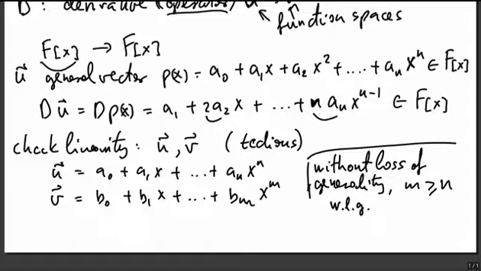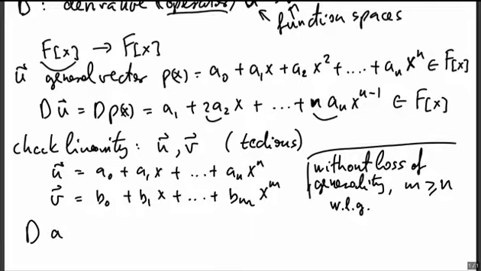And then we're supposed to examine what happens when you differentiate a times u plus b times v. But already when we differentiated one polynomial, we used the fact that we have constant multipliers and term-by-term differentiation.